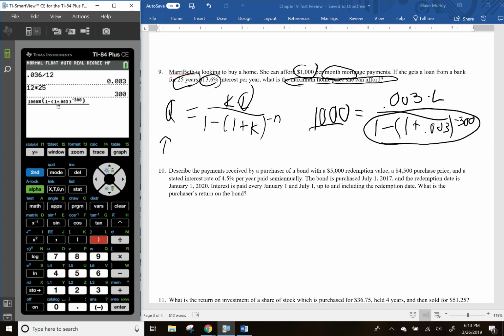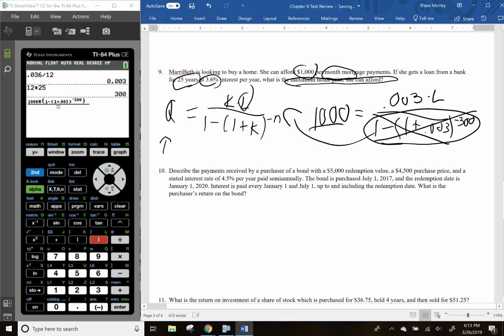So that is the top. That's the $1,000 times that denominator. Now, let's assume that all of this just got moved over there. Then the only thing left is 0.003 times L. To get rid of the 0.003, since it's being multiplied to L, I have to divide this side by 0.003.